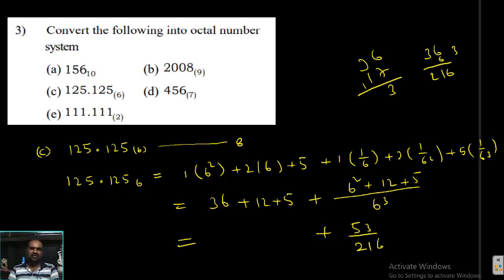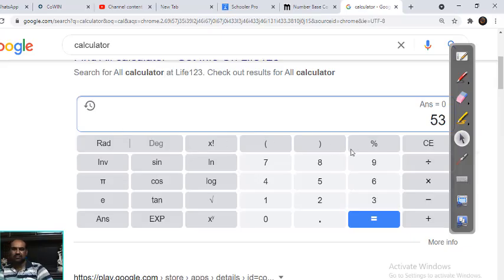Here addition how much? 36, 46, 48, 52, 53. Okay, but that also we need to simplify. .2453.